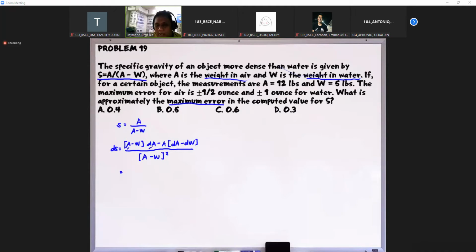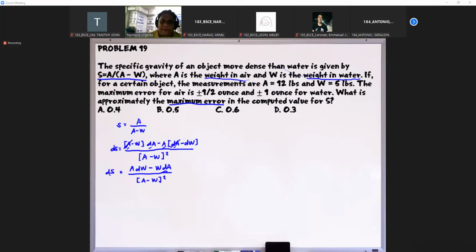So we have ADA, tapos meron kang negative ADA dito. So then that will cancel. 'Di ba? So the negative WDA, dito naman is positive ADW. So therefore, yung nasa numerator natin will be ADW minus WDA. So this is divided by A minus W, this quantity squared.